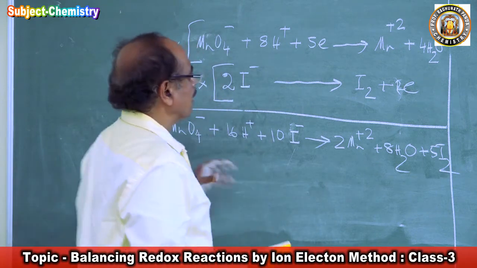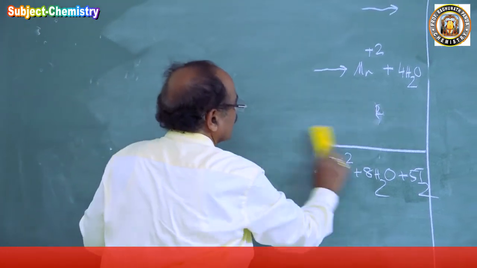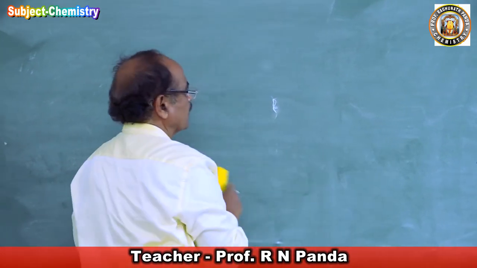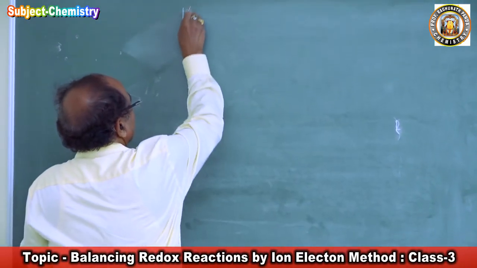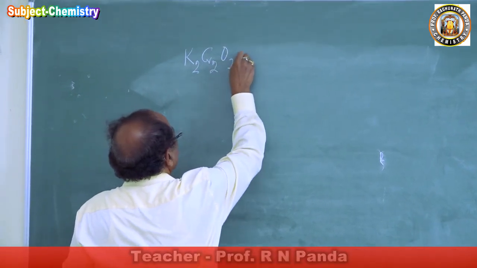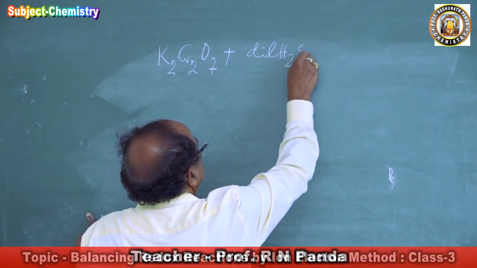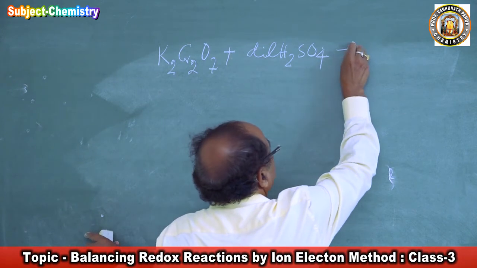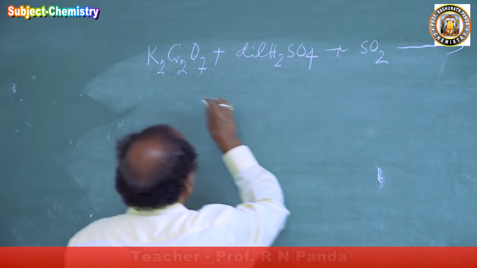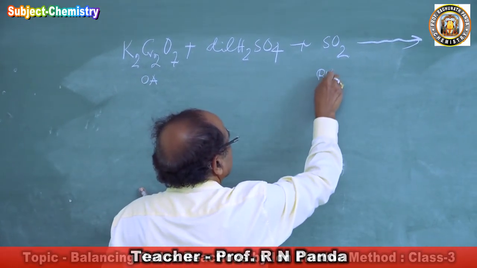Now let's take the other reagent, potassium dichromate, and go for these reducing agents and carry out the reaction. So let's take the equation: potassium dichromate K2Cr2O7 plus dilute sulfuric acid and sulfur dioxide. So here potassium dichromate is the oxidizing agent and sulfur dioxide is the reducing agent.